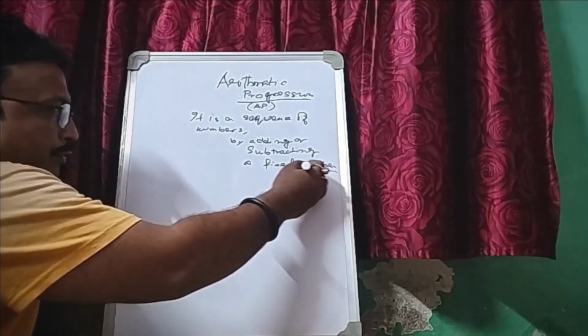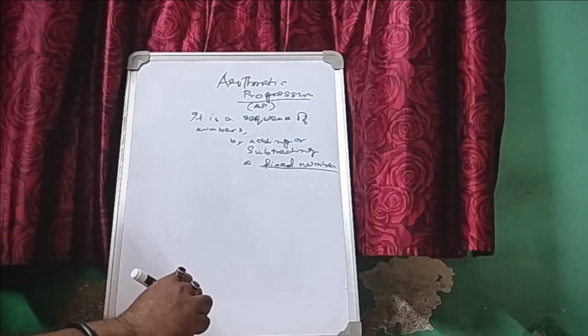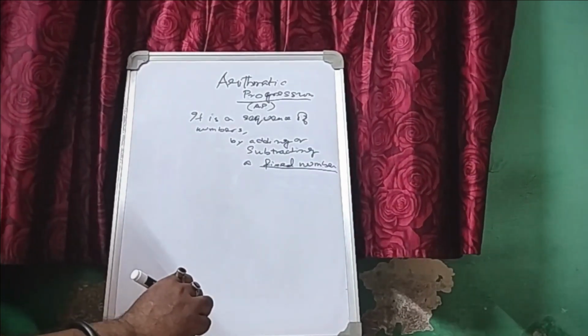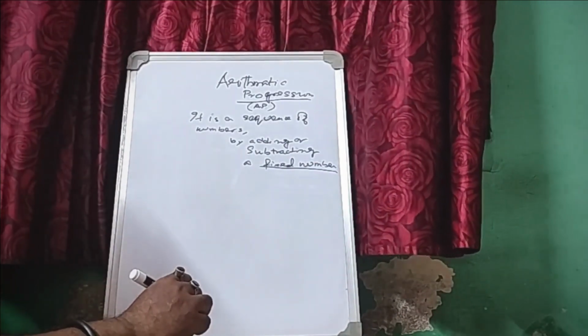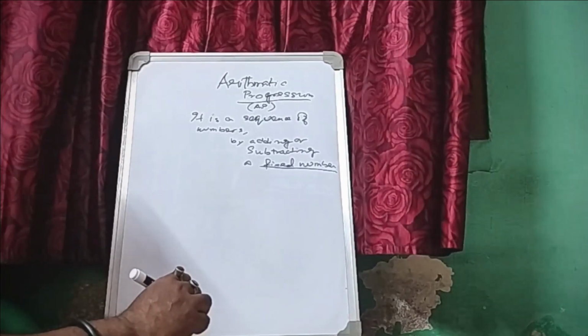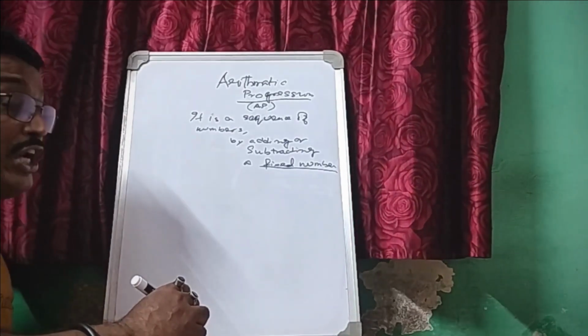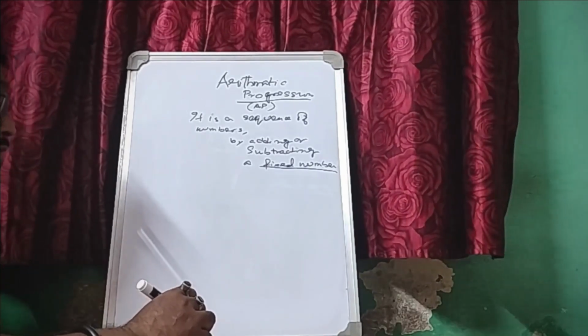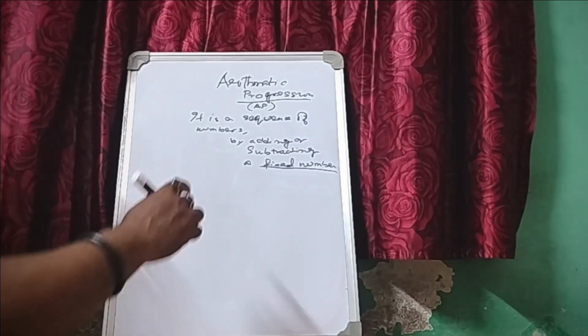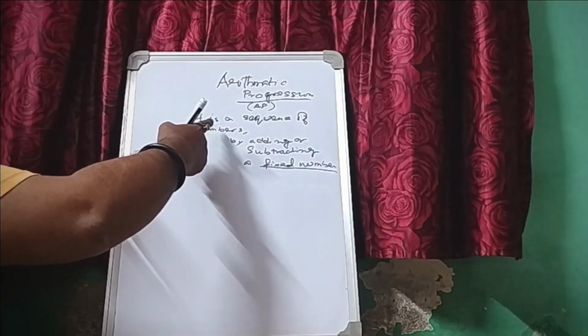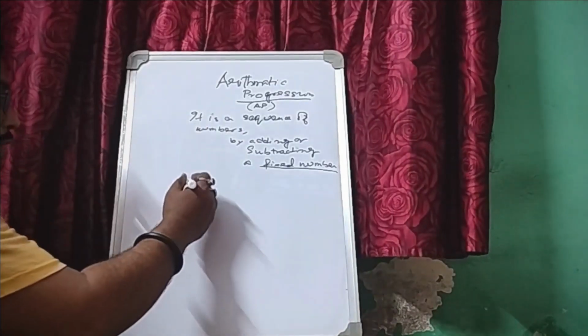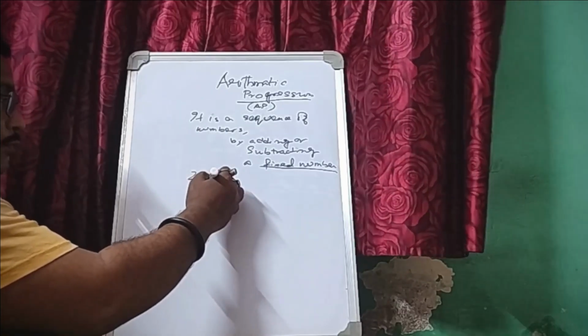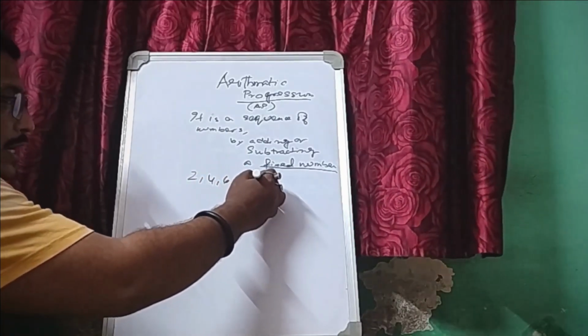Mind it, fixed number. You may add a fixed number or subtract a fixed number from your preceding numbers, maybe first numbers. I've said that it is a sequence of numbers: 2, 4, 6, 8, 10, etc.